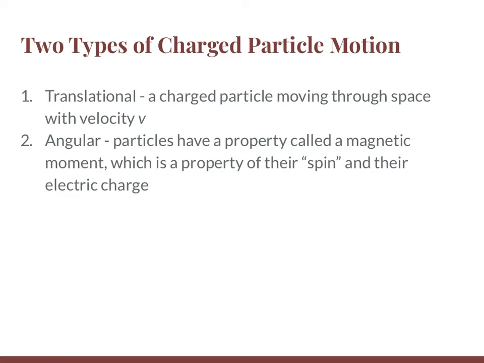And this magnetic moment allows the particle to interact with the magnetic field, causing some force. So there's both of those types of motion. Today we're going to be dealing only with translational motion, but it's that angular motion and the magnetic moment that gives substances or materials their magnetic nature.